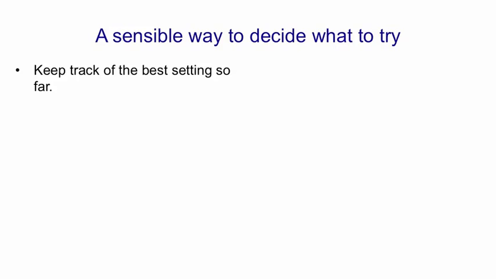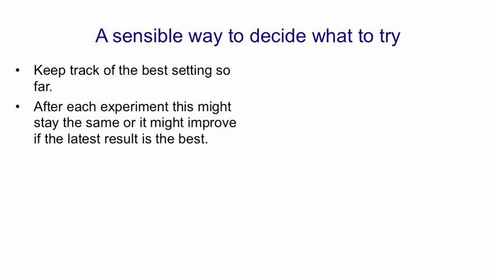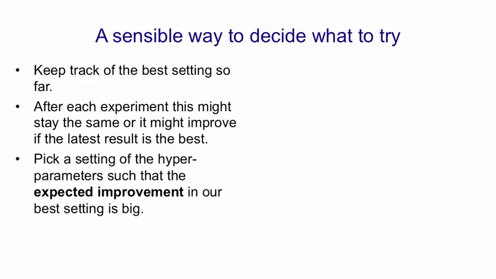That is a single setting of all the hyperparameters that gave us the neural net with the highest performance so far. Now when we run the next experiment, our best setting so far might be replaced by the new experiment because it gives better performance of the neural net, or it might stay the same. So since we're going to substitute the results of the new experiment if it's better than anything we've seen so far, our best setting so far can only improve. So here's a good strategy for what setting of the hyperparameters to try next.